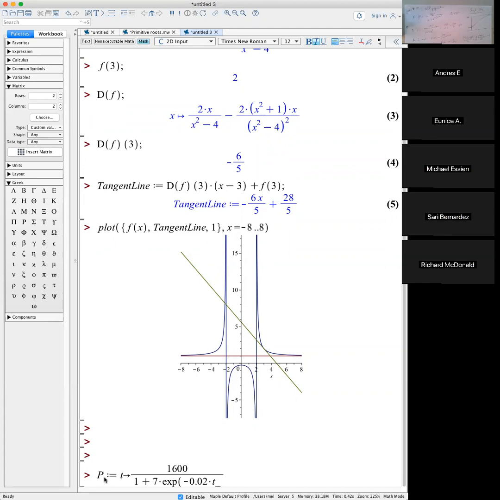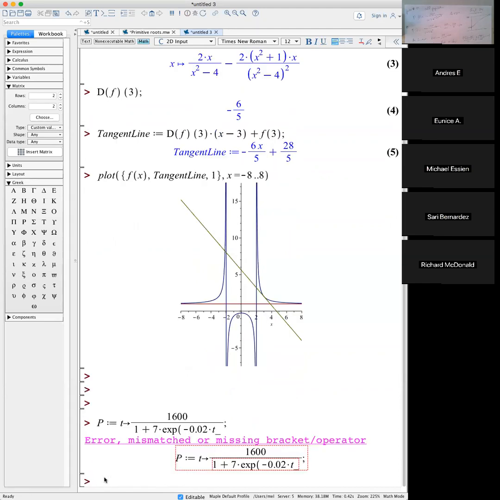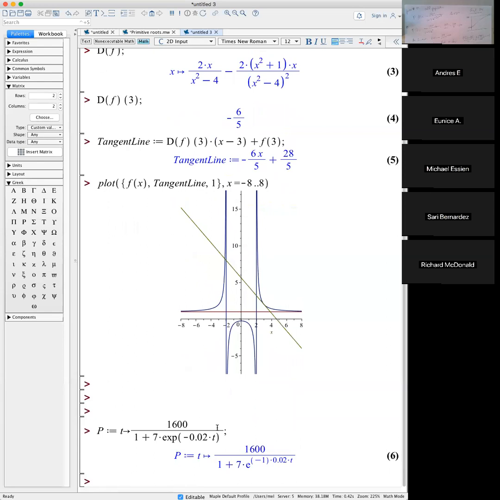We got a parenthesis there. There we are. So that's my function.